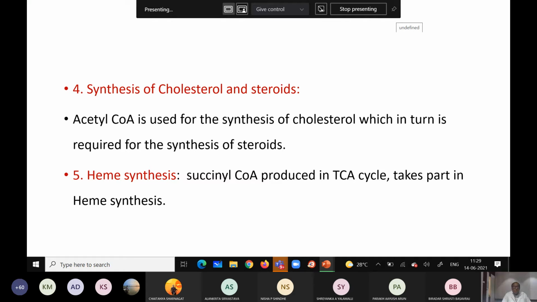Not only that, this formed cholesterol can also be utilized for the formation of vitamin D. And the fifth function of this TCA cycle is that succinyl CoA, which is formed in this TCA cycle as an intermediate, takes part in heme synthesis. You will come to know about it in detail when you learn about heme synthesis or heme metabolism.